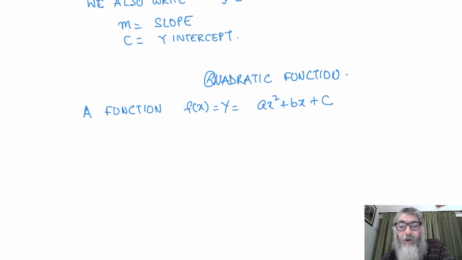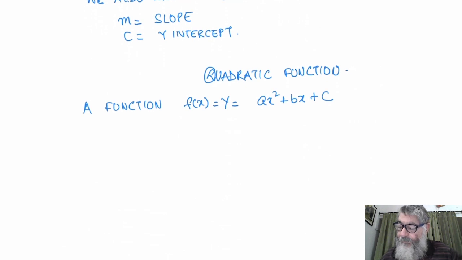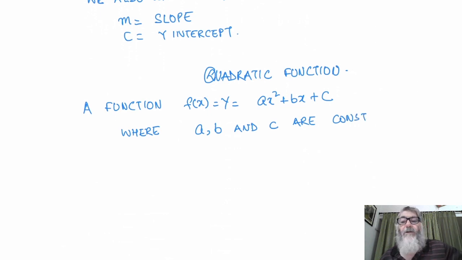A function of the kind ax square plus bx plus c is a polynomial of second degree. The highest degree of the variable is x. If we have taken variable x here, you can take any other variable as well. Here y is equal to ax square plus bx plus c, where a, b and c are constants.